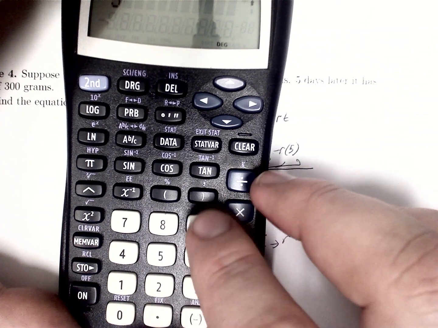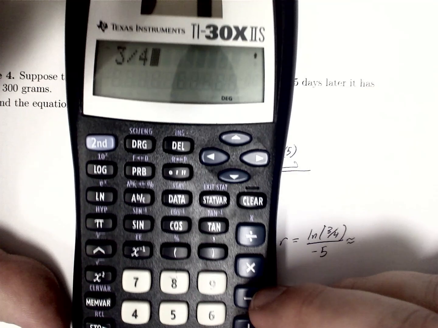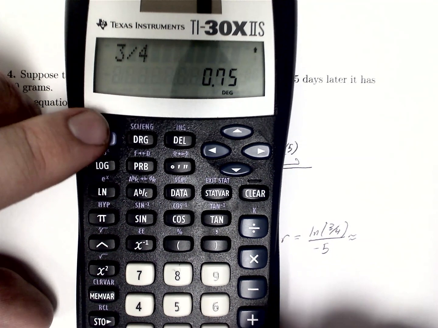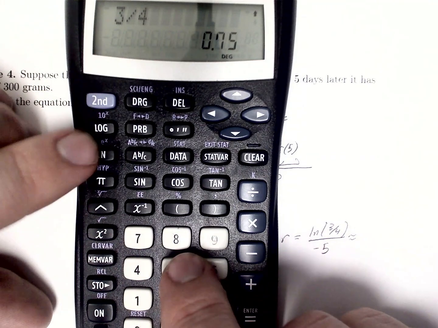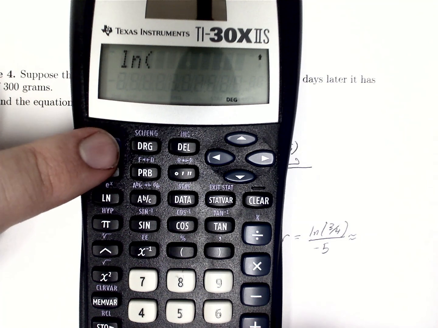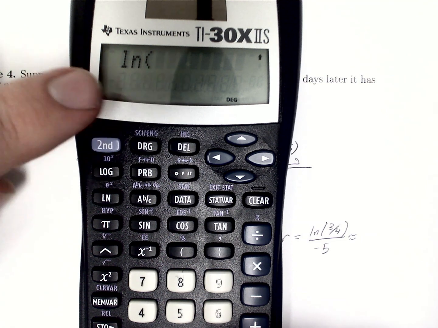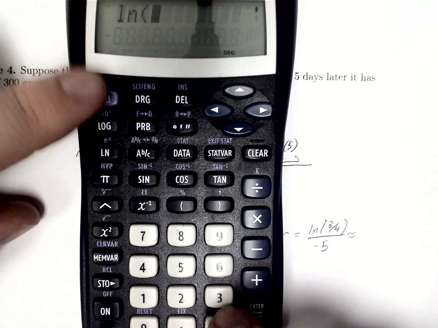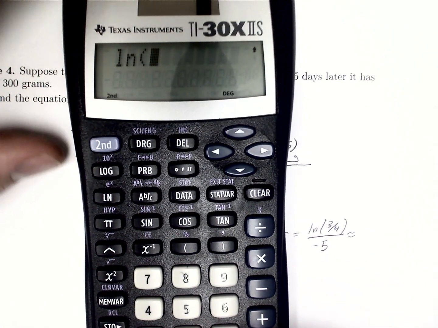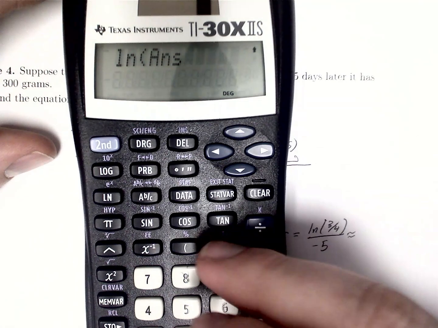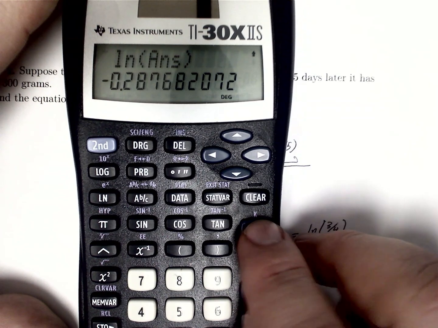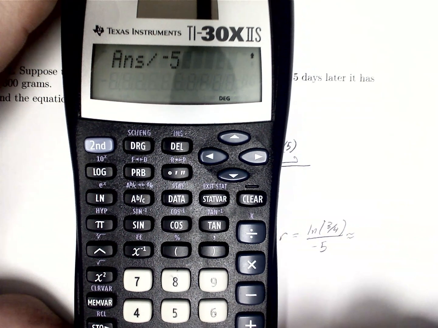So 3 divided by 4, that's 0.75. And then we're plugging this into ln. So again, we can do second, and we have to do ln. So ln's there. Now we need to bring back the 0.75. Again, we could just type it in because it's easy, but if you don't remember, hit second, and then hit this, and A and S will pop up, again representing the previous answer. Hit enter, then divide by negative 5.